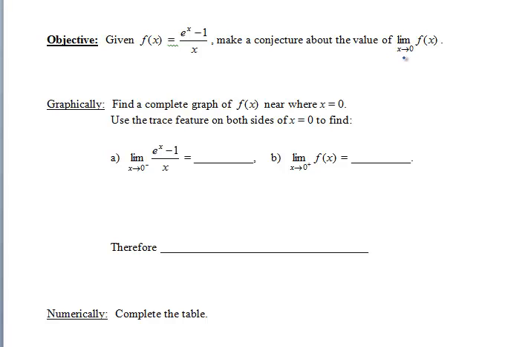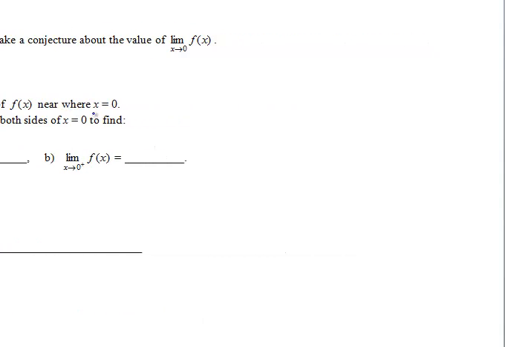Now remember, it's not about being at x equals 0, although it's sometimes helpful to know what the functional value is at 0. Really the idea of a limit is not being at x equals 0. But like I said, many times it's very helpful to know what is going on exactly at x equals 0.